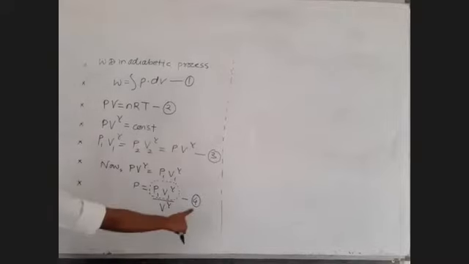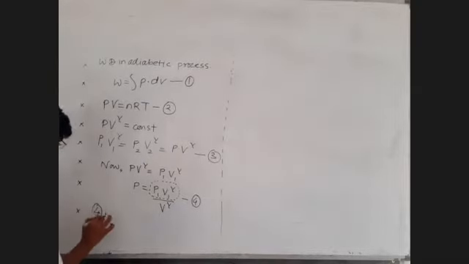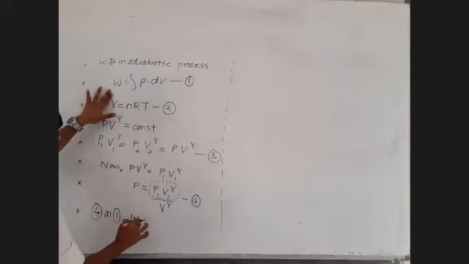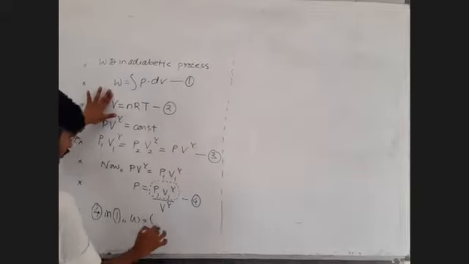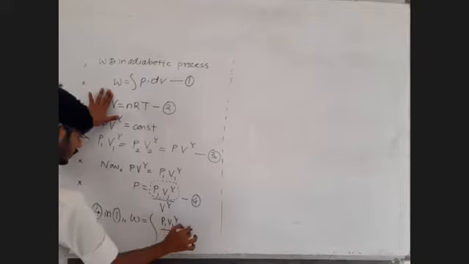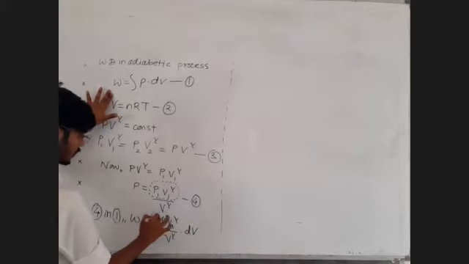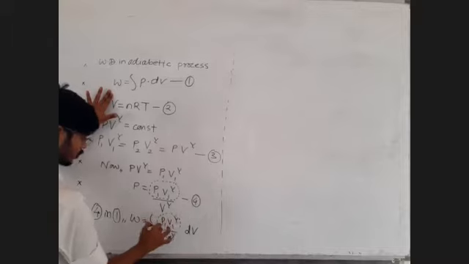Yes sir. Now let's do this replacement, equation 4 in equation 1. That will give us work done is equal to integration of P1 V1 raised to gamma divided by V raised to gamma into dV. Yes sir. Sir, this P1 V1 raised to gamma being constant, it can be taken out of integration.